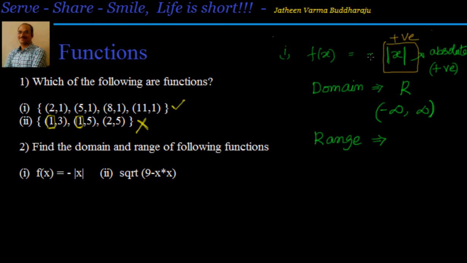Whatever positive value is returned, you are multiplying it with a negative, that means f of x always returns a negative value only, or it may return 0. Let us say x equal to 0. Then the value will be minus of mod of 0, that's nothing but equal to 0.